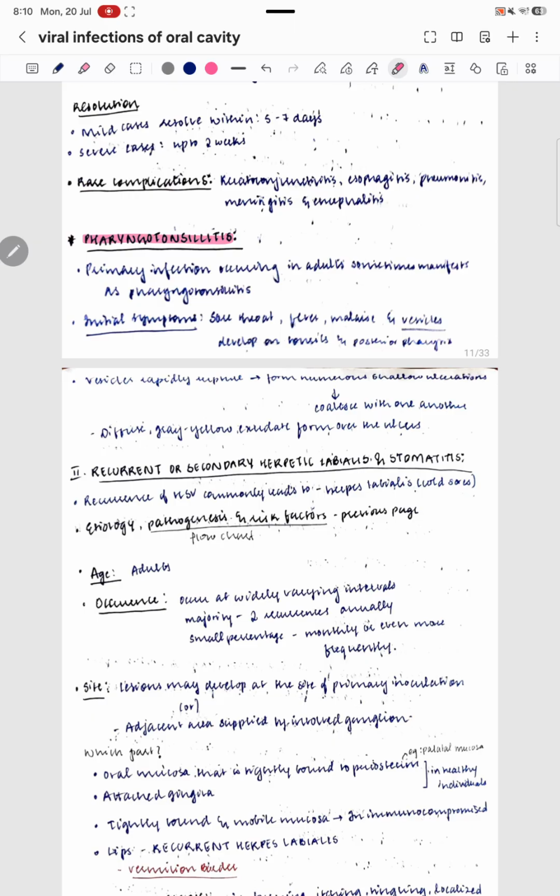Okay, so what is pharyngotonsillitis? It is a primary infection occurring in adults, which sometimes manifests as a pharyngotonsillitis.